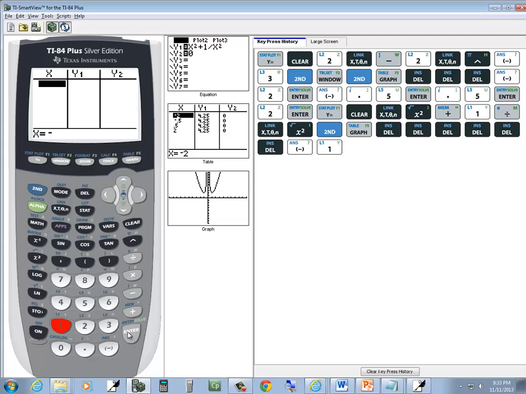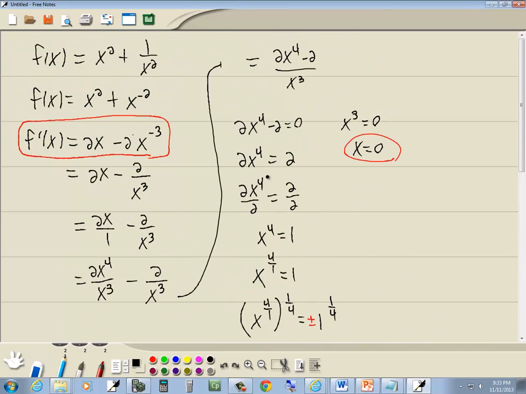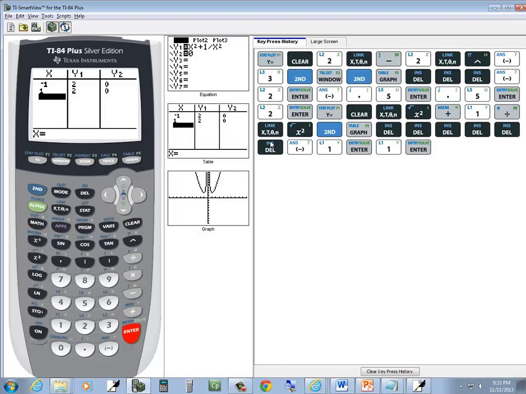So -1 enter and 1 enter. Both of them give us 2. Let me write those down. Okay, min is -1, 2, and min at 1, 2. Okay, so I'm going to start a new page. We're ready to go on to concavity now.